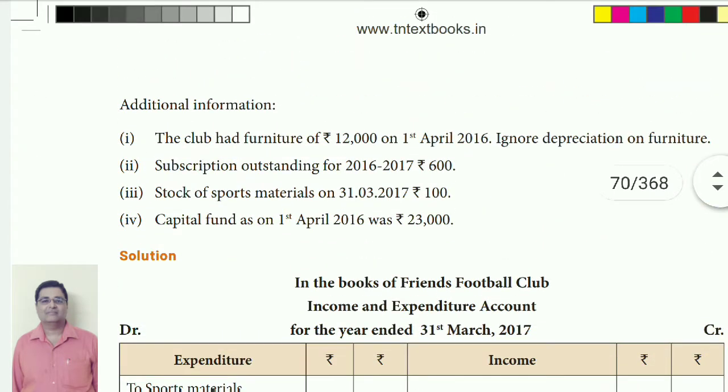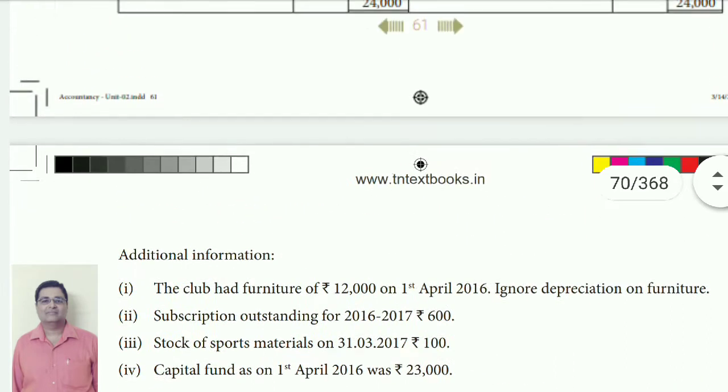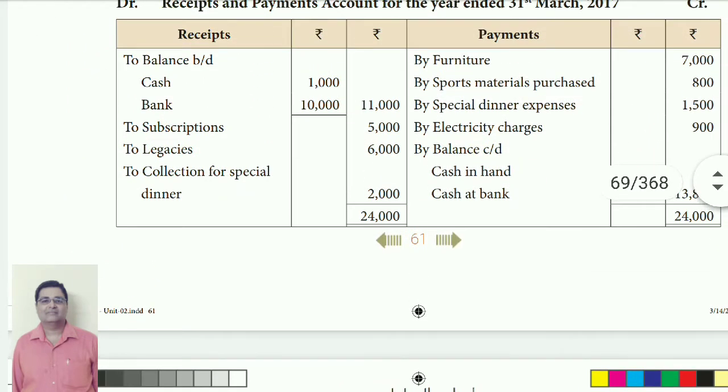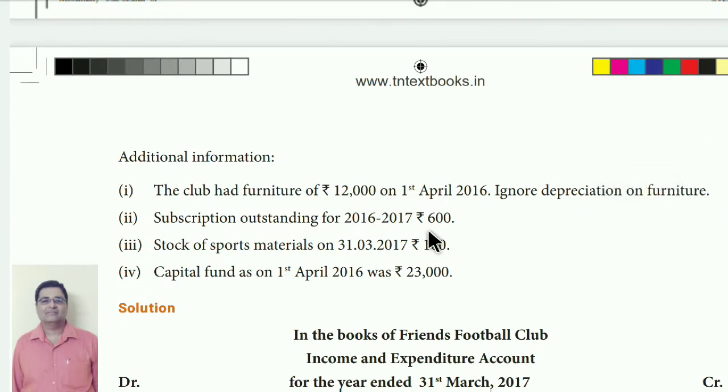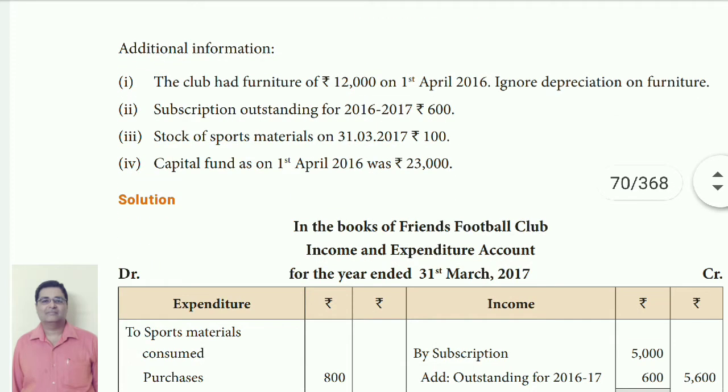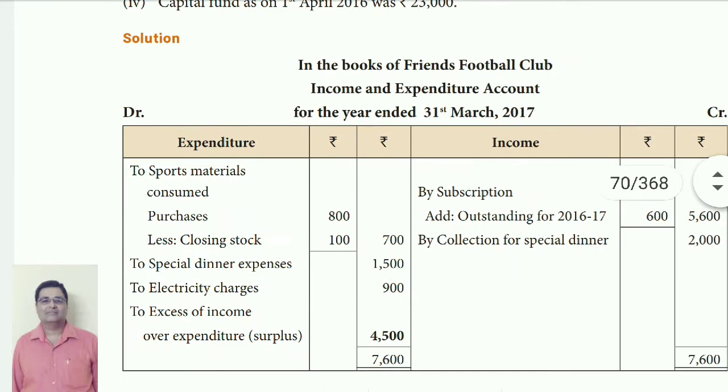Now see the second adjustment: subscription outstanding rupees 600. Subscription will come on which side? On the income side. Here subscription is given as 5,000 rupees. So we have to write by subscription 5,000 on the income side and add the outstanding of 16-17, 600, because this is the current year, 17. So only the current year amount we have to write in the income and expenditure account.